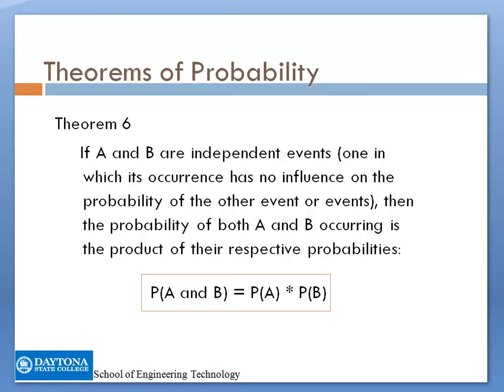Okay, so the probability of A and B, see we're using a different notation, this is equal to the probability of A times the probability of B. So this theorem is referred to as multiplication, and this is what we call the multiplicative law of probability. And this is whenever you see that AND.